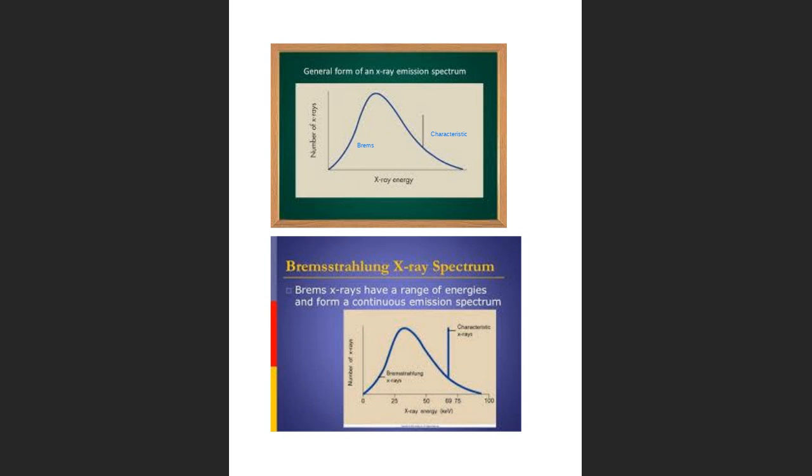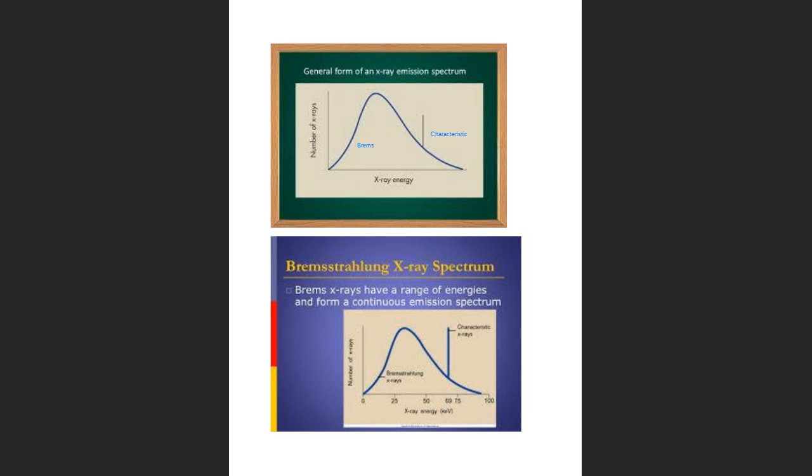First we have to have a filament current so that we induce thermionic emission, because the filament has to be heated up to a level that is able to boil off the electrons. And then we have tube current, which is responsible for the emission spectrum. Tube current is that quantity of electrons that are moving from cathode to anode. That's what the tube current is.